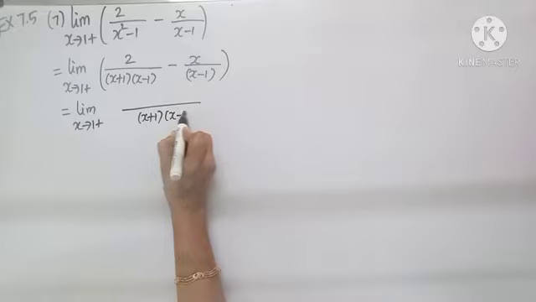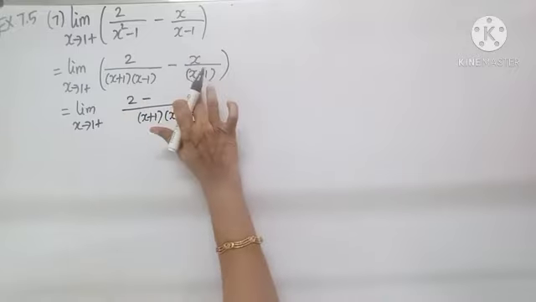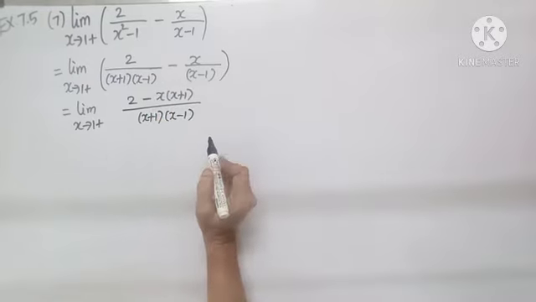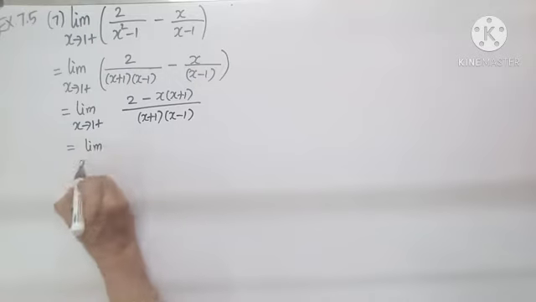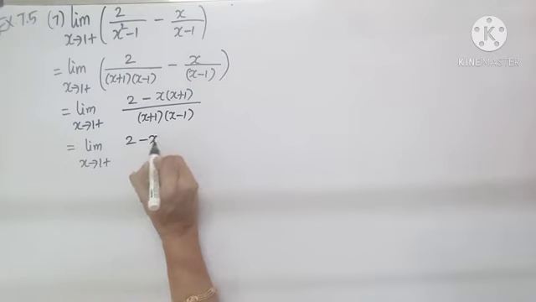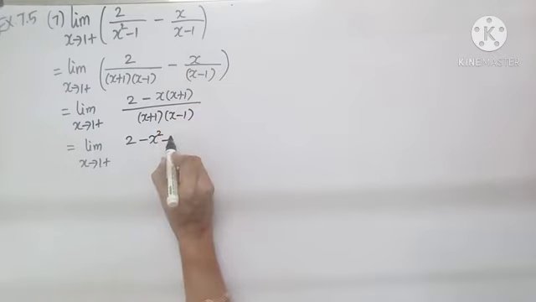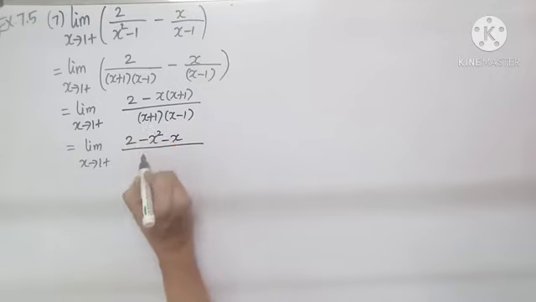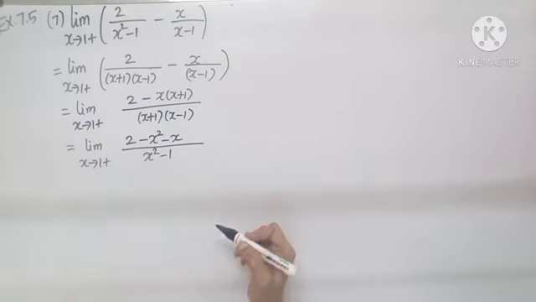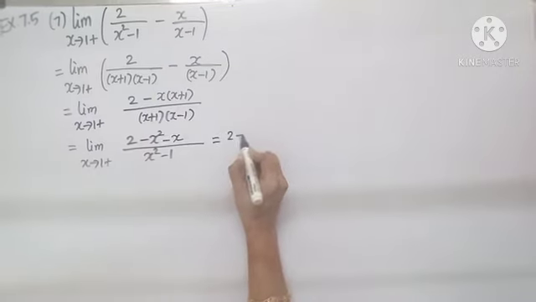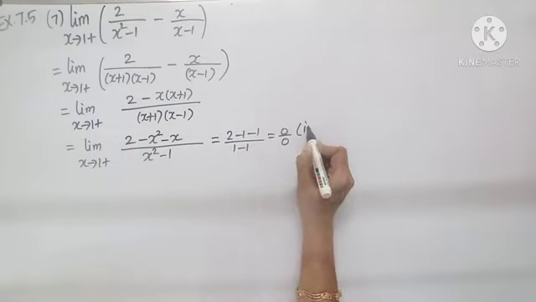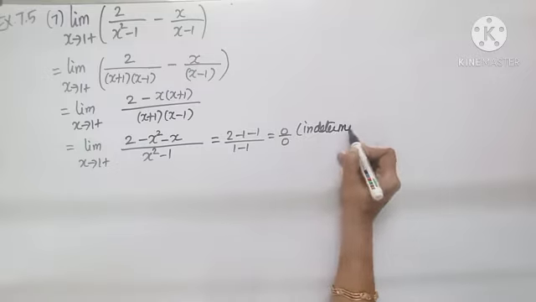So we get 2 minus, here x minus 1 is present, cross multiply, x into x plus 1. Or we can rewrite it as limit x tends to 1 plus, 2 minus x square minus x, denominator x square minus 1. Wherever x is coming, put 1. This will become 2 minus 2 by 1 minus 1, which is 0 by 0, and it is an indeterminate form.